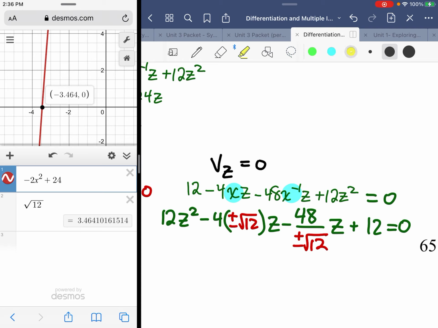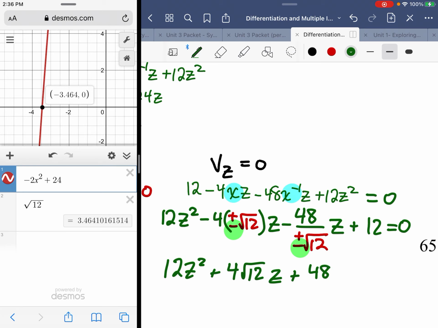So we'll do that. We'll focus first on the negative first. So we're looking at 12z squared. Two negatives make a positive, so plus 4 radical 12z. Two negatives make a positive, so plus 48 over radical 12z plus 12 equals 0.